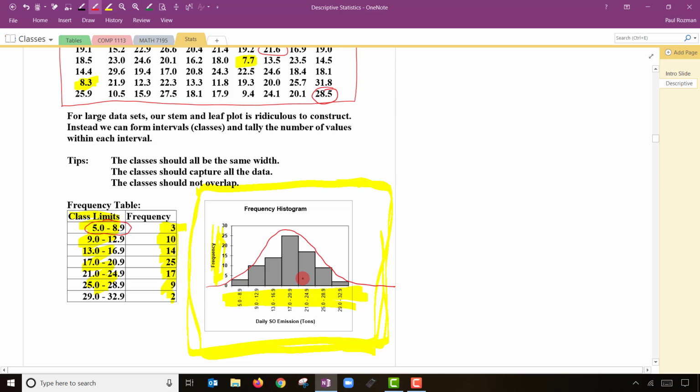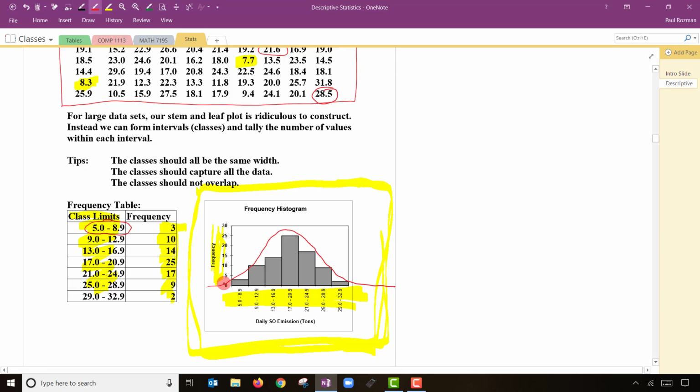Heights of adults in Canada probably have a similar distribution, where most people are a typical height, and then there aren't very many that are super tall, and there aren't very many that are super short. This shape occurs a lot, and just naturally. So we'll be talking about this shape all throughout the course. I just thought I'd mention it now, the bell curve or normal curve.